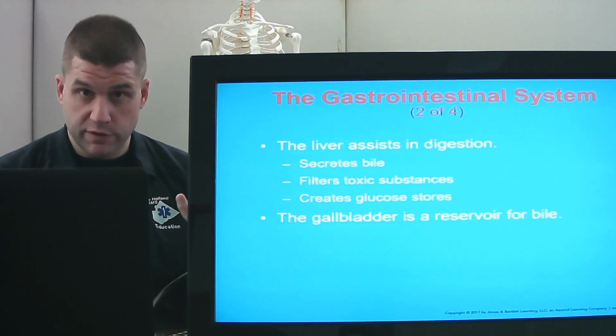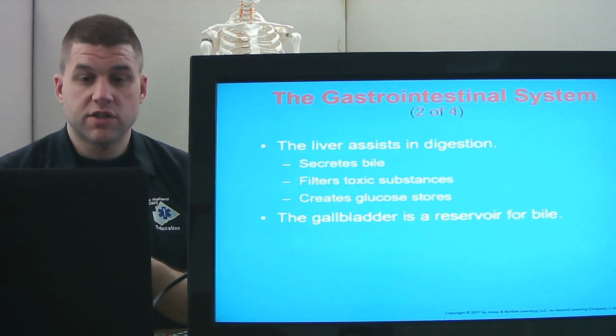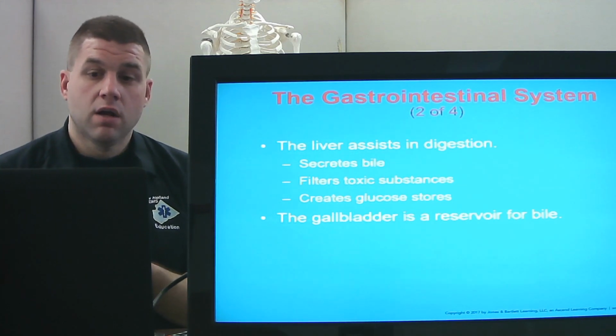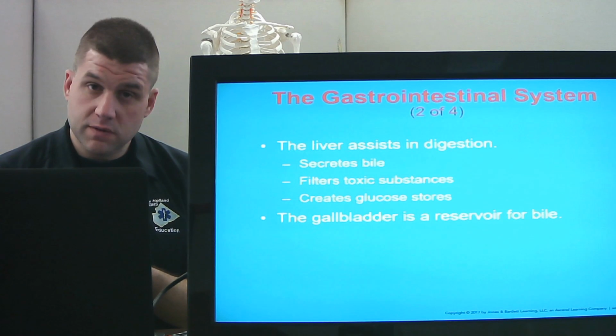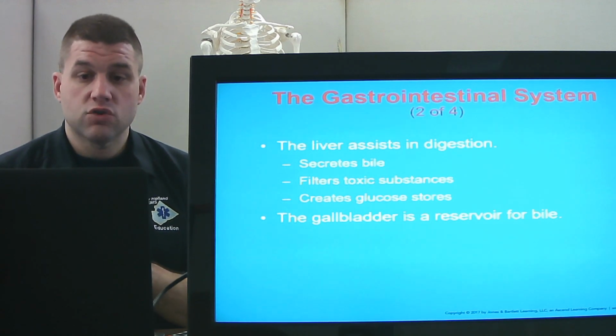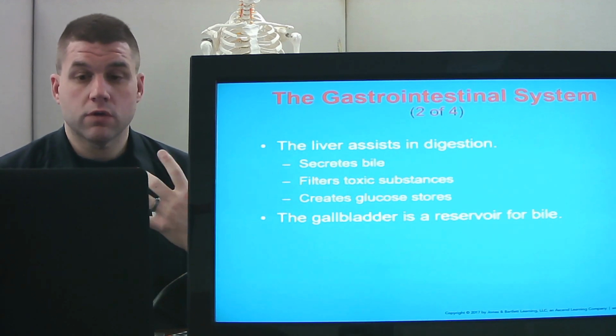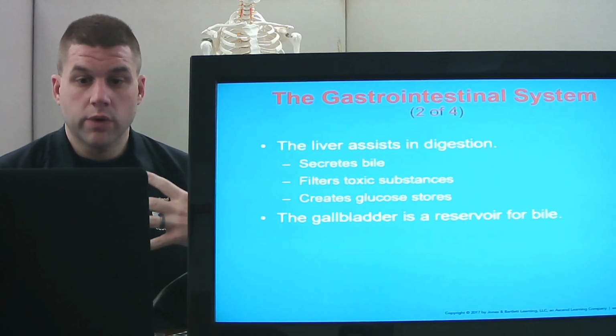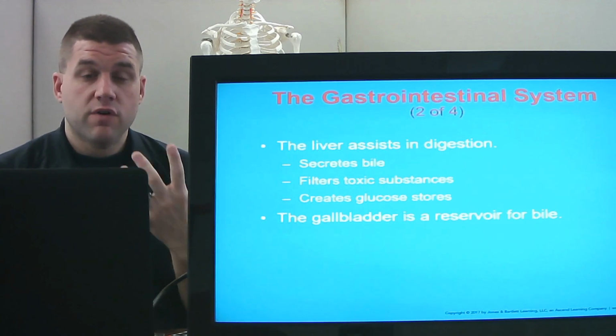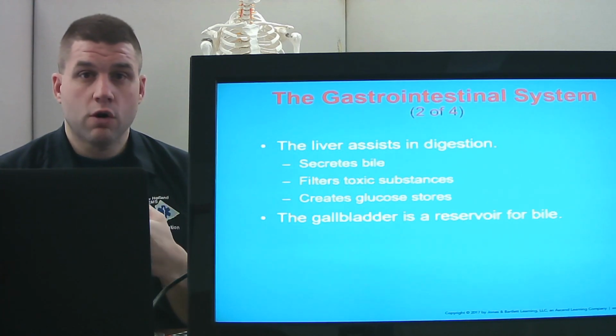We have a liver, and that assists in digestion by secreting bile, filtering toxic substances, as well as creating glucose stores around it on the outside. We contain our glucose stores on the outside of the liver. And we have a gallbladder. The gallbladder is a reservoir for bile.